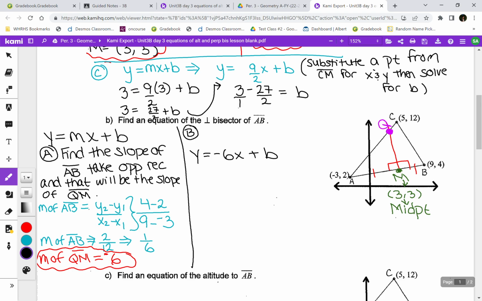What was it? 3, 3. If I plug in 3 for x and 3 for y, can I solve for b? Yes. So phase 2 here, we're going to substitute the midpoint for x and y, then solve for b.